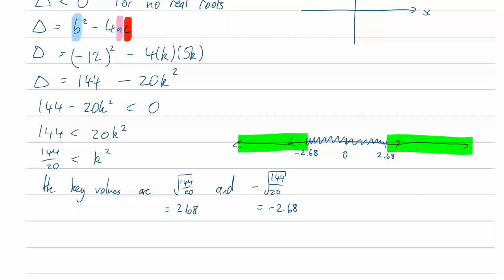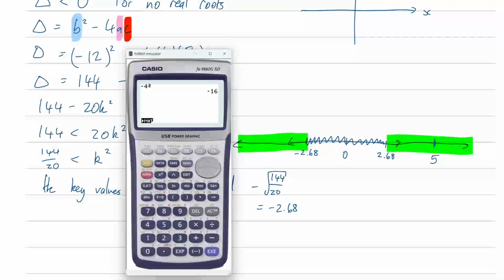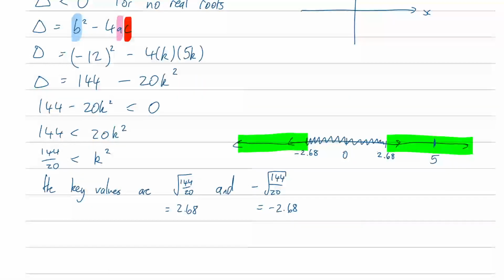Let's just check that. If k was 5, is 5 squared greater than 144 over 20? Well, yes, 5 squared is 25, which is greater than 2.68. So therefore, k must be greater than 2.68, and k must be less than minus 2.68 for no real roots.